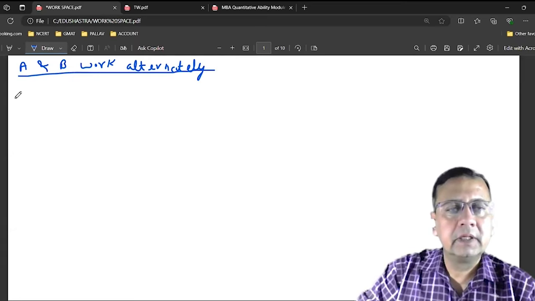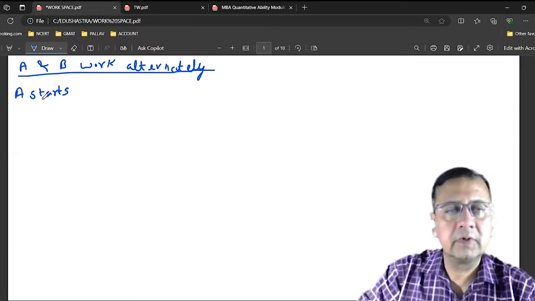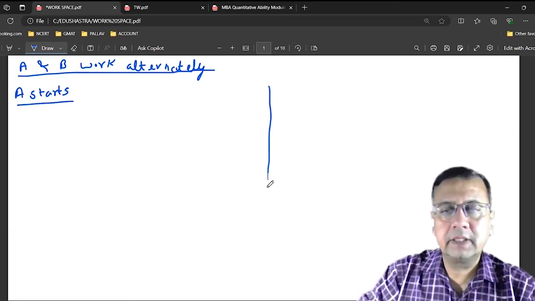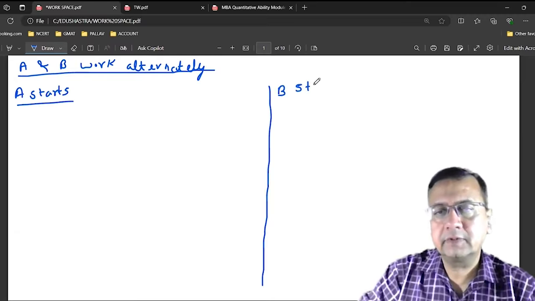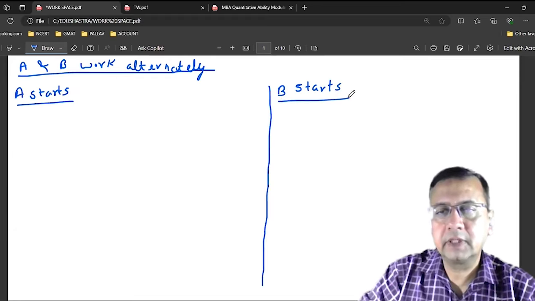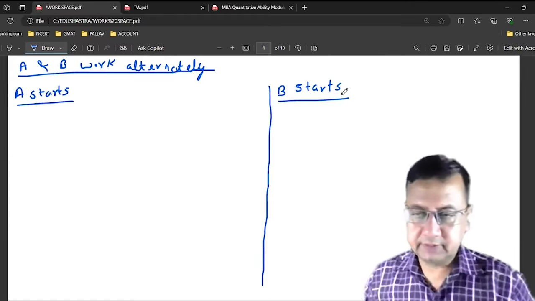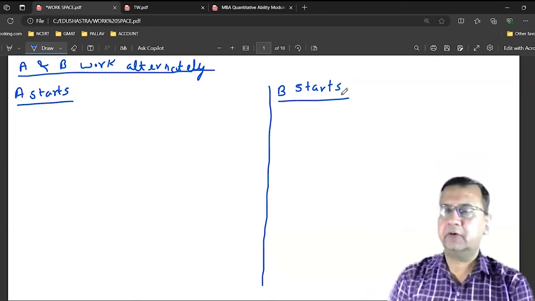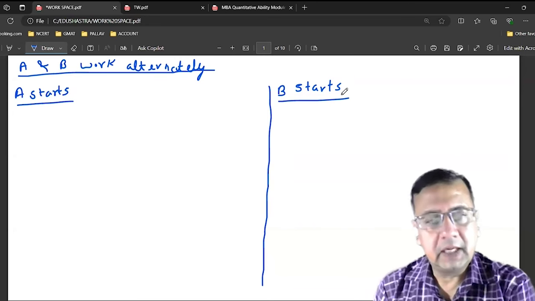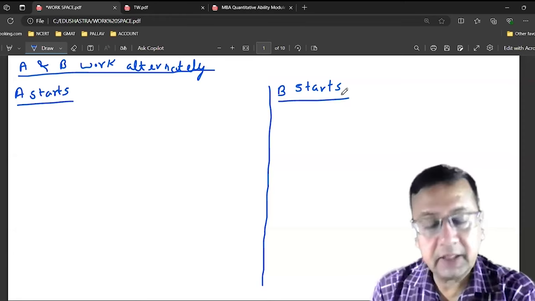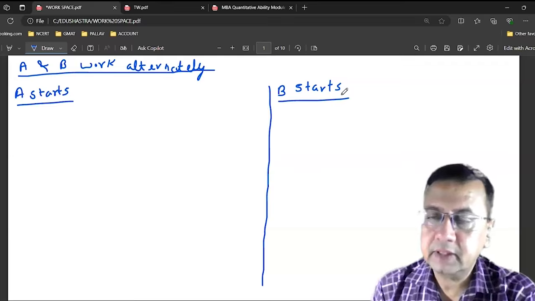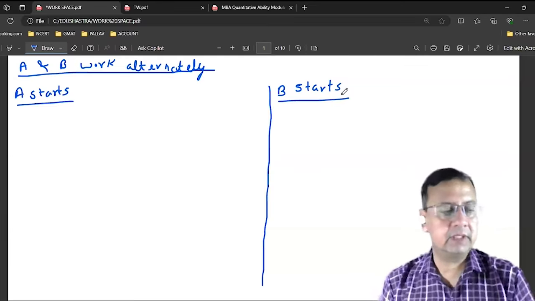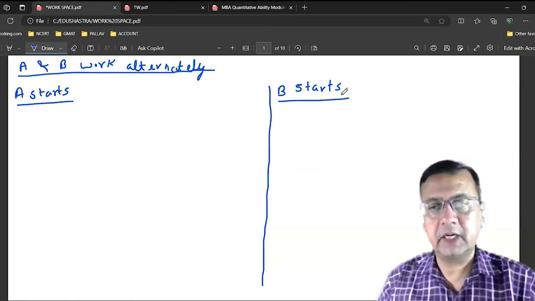And if A starts the work, and second, if B starts the work, tell me the number of days when they are able to finish the work. Suppose if A starts the work, then how many days are required? And if B starts the work, then how many days are required? Yes. Just think and give me the answer.